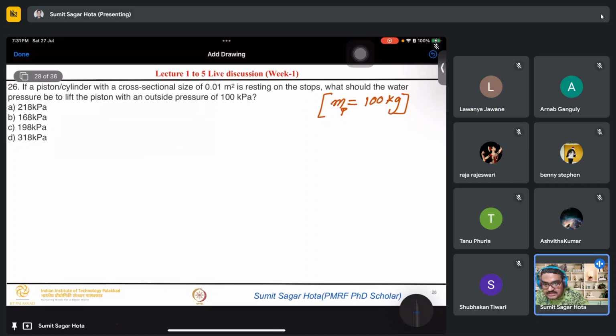If a piston cylinder with a cross-sectional size of 0.01 meter square is resting on the top on the stops, what should the water pressure be to lift the piston with an outside pressure of 100 kilopascal? So what are the things given in this question?